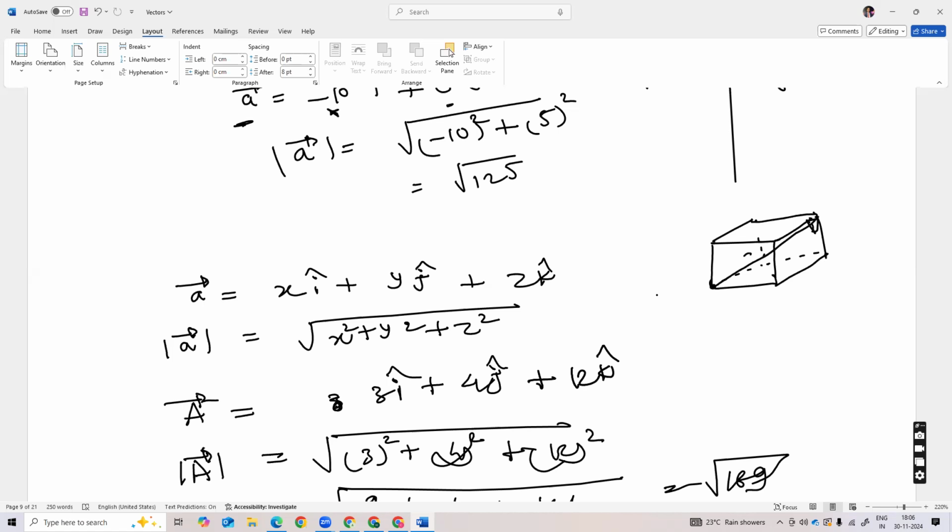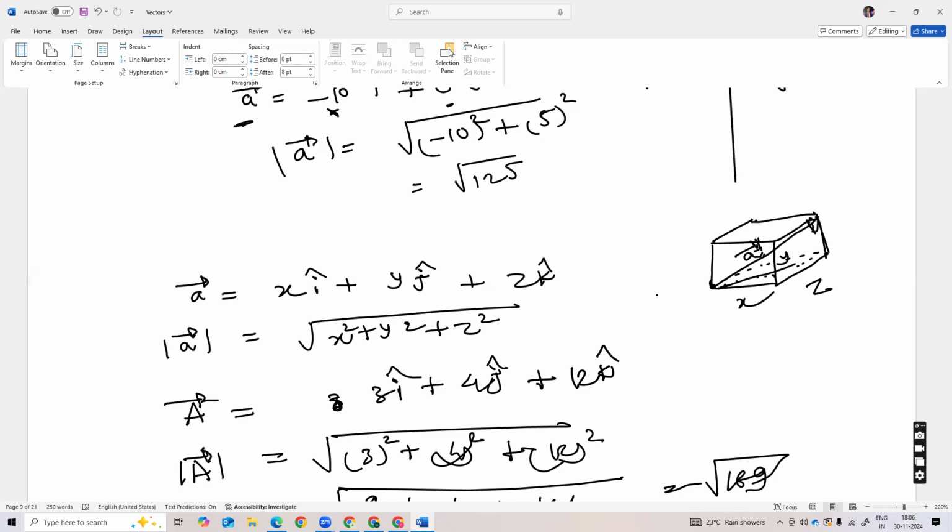Let's say this is vector a, this is x, this is y, and this is z. If you want to find the length of this vector a, first of all you will find this length, and then you will find this length.